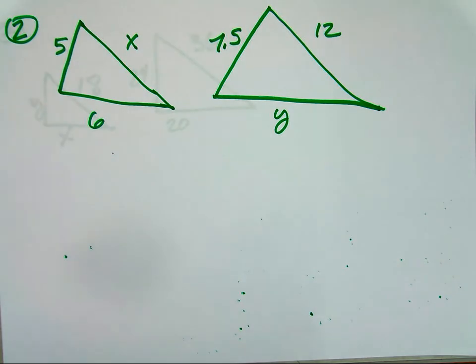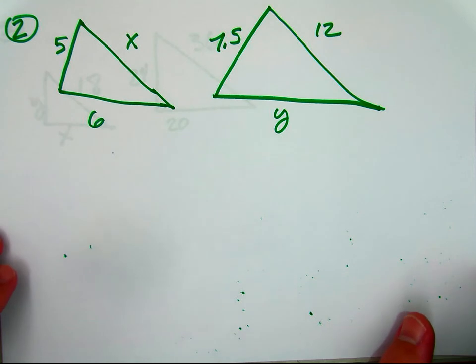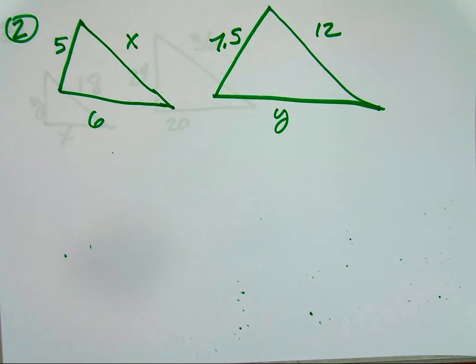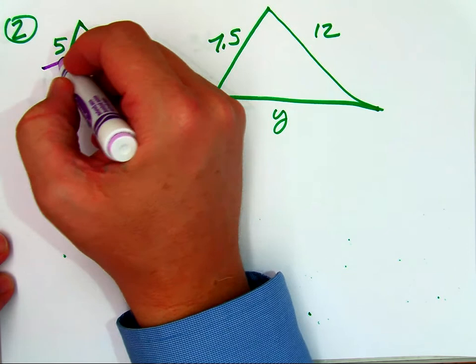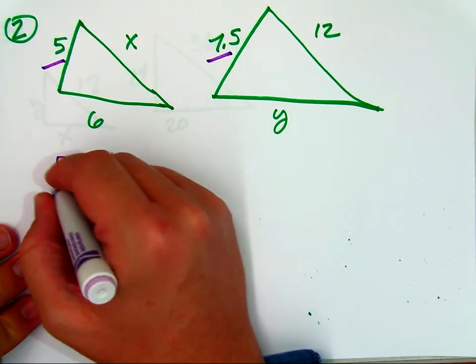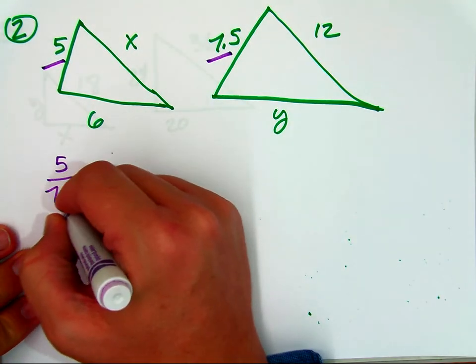Let's do one more together before you attempt to do some on your own. Looking at this set of triangles, 5, x, and 6 are these sides, and 7.5, 12, and y. X and y are in different triangles, but that's okay, because we can still make up our ratios. 5 matches with 7.5, so I have 5 over 7.5.